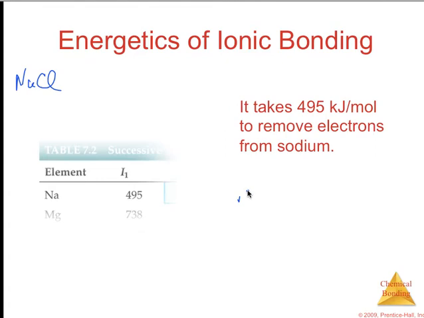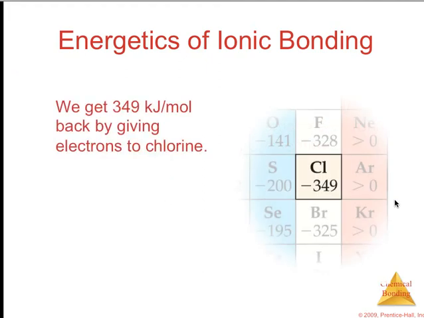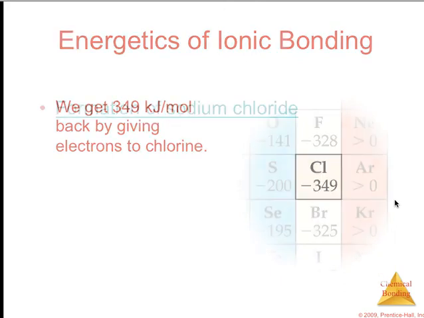This, of course, is known as the ionization energy. We know that we get back some energy when that electron goes to the chlorine atom. Anytime chlorine accepts an electron, it releases 349 kilojoules per mole.